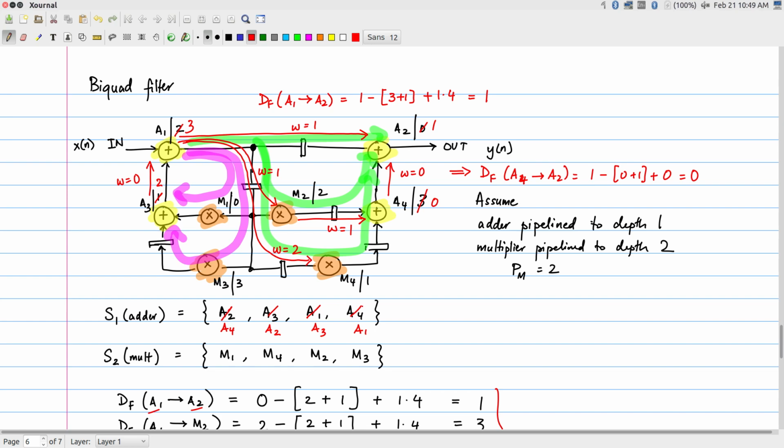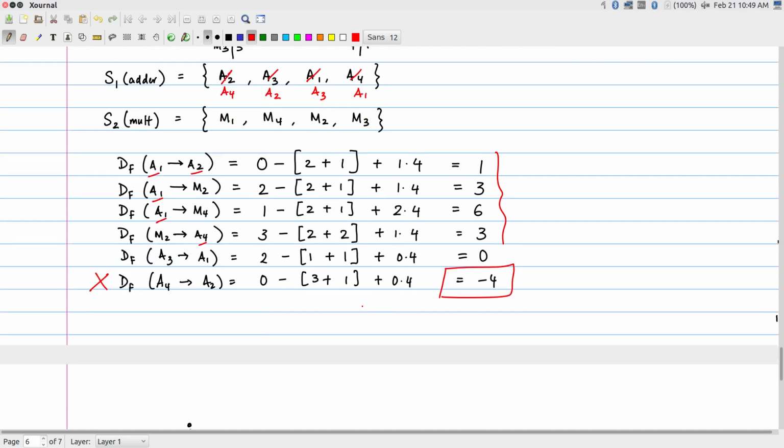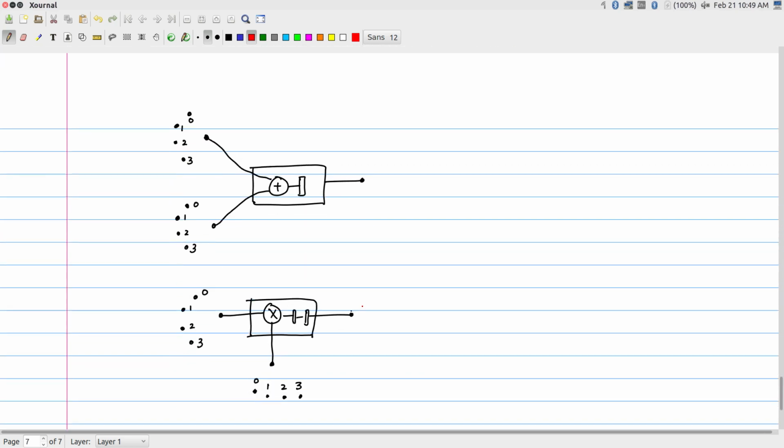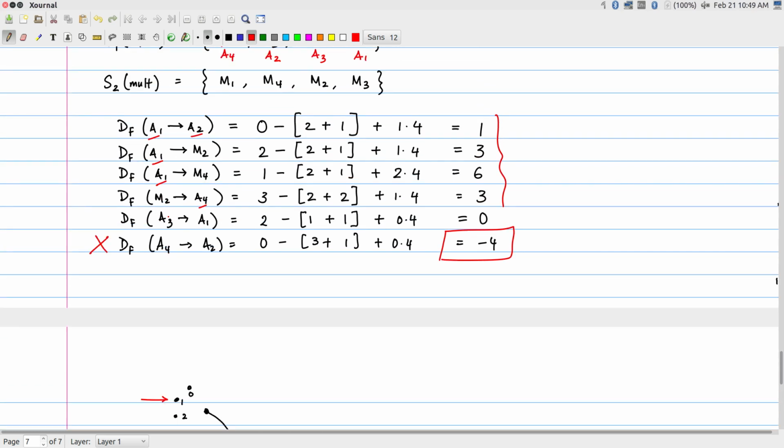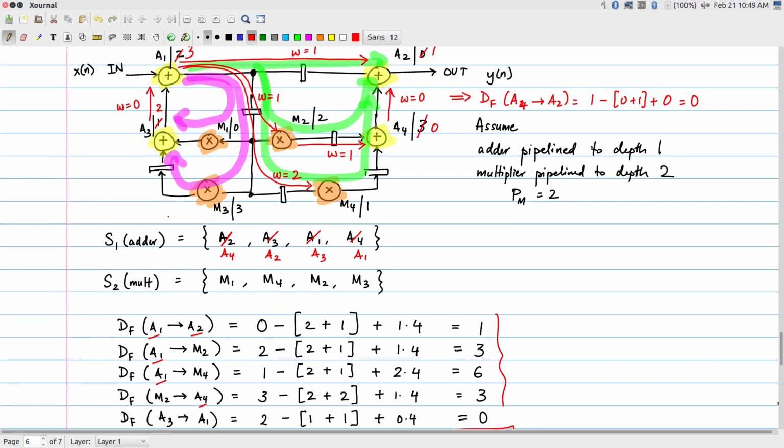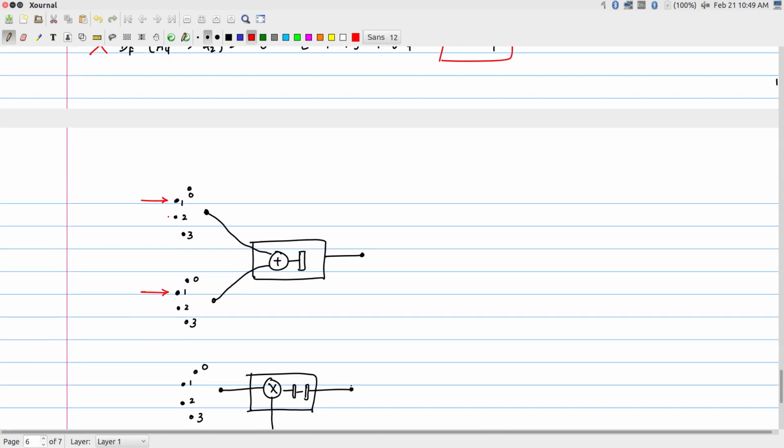Right? If I have this structure, then essentially what I'm going to say is, going down to my next diagram, at time instant 1, what are the two inputs that I should have coming into my adder? Right? I'm going to say that the top one corresponds to the output from A1 and the bottom one corresponds to A4. I'm just arbitrarily making that choice. Okay. Where does that actually physically come from?